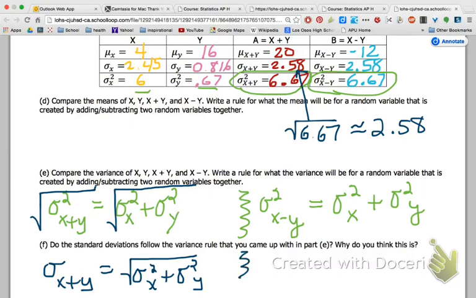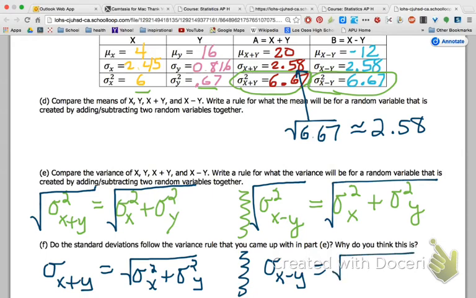And so same thing here, if I'm looking for the standard deviation of the difference, I would square root the left. And of course, whatever I do to the left, I must do to the right. So it's still the square root of the sum.